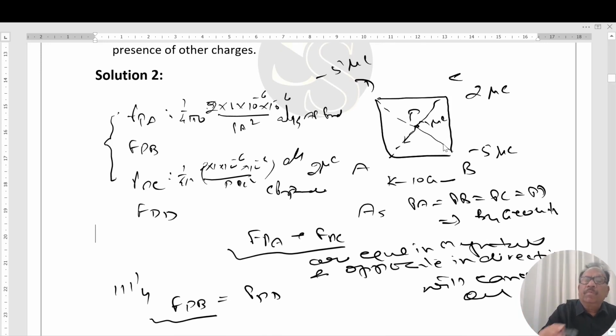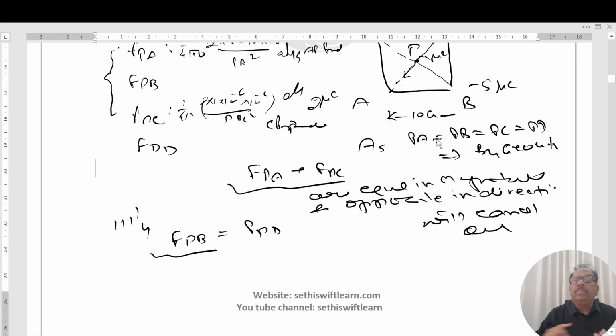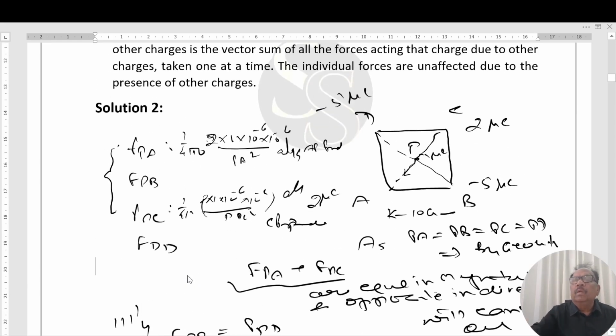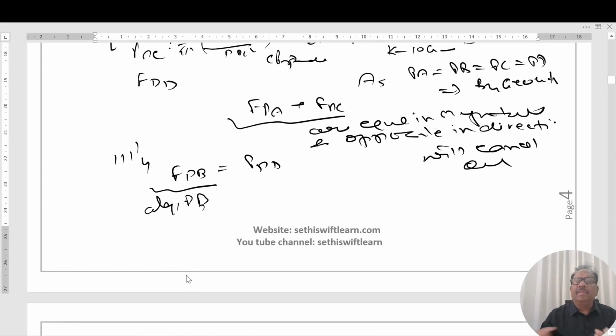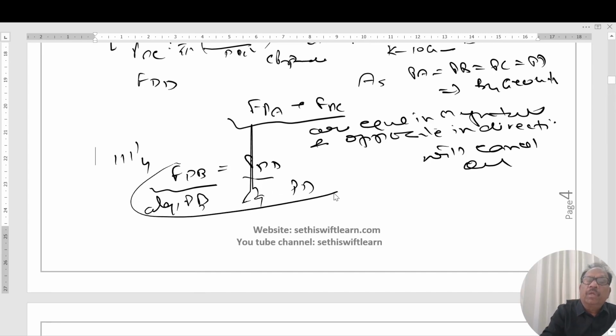FPB will be along PB, and FPD will be along PD, attractive in nature, along PD. Both are opposite in nature, equal in magnitude, right? Therefore, they also cancel out.